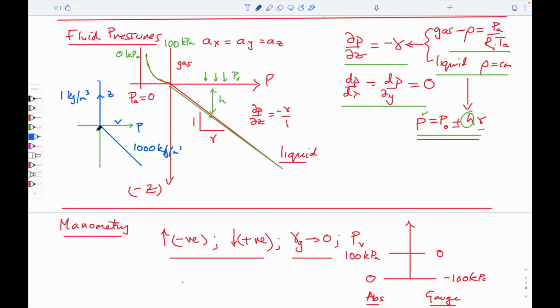So the ratio of these gradients is 1 to 1,000. So it's not that it's not changing. It's not changing as quickly as in the liquid.